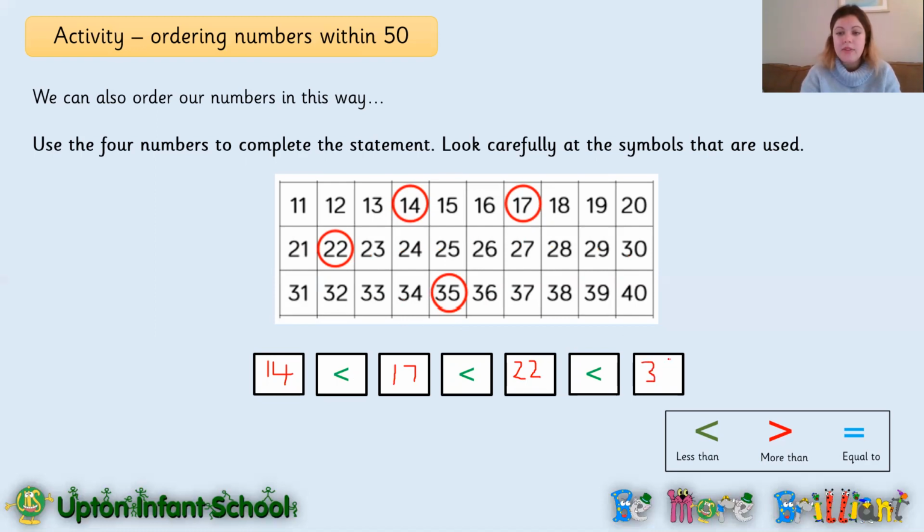So let's check if that makes sense. We've got our less than symbols here. So 14 is less than 17. Yeah. 17 is less than 22. Yeah. 22 is less than 35. Okay, so we've put these numbers in order from smallest to largest using our symbols.